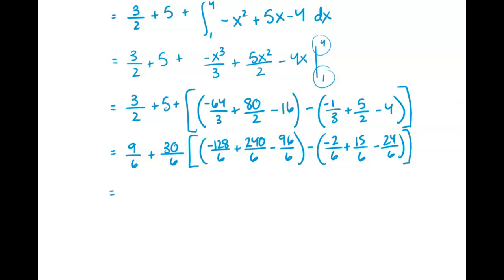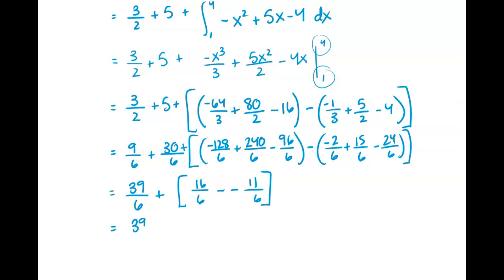Put these together. Oops, sorry, I missed a plus. Put these together, we'll end up with 39 over 6, plus negative 128 plus 240 minus 96 gives us 16 over 6. Negative 2 plus 15 is 13 minus 24 is negative 11 over 6.